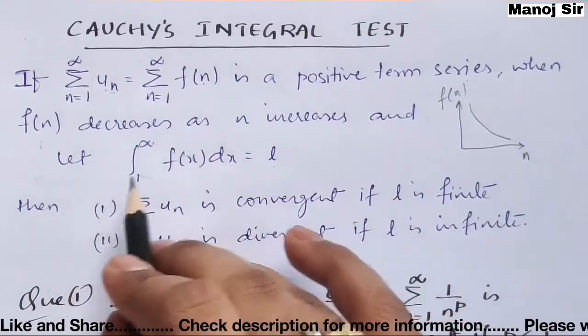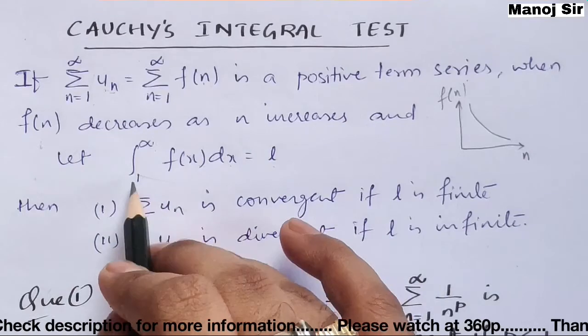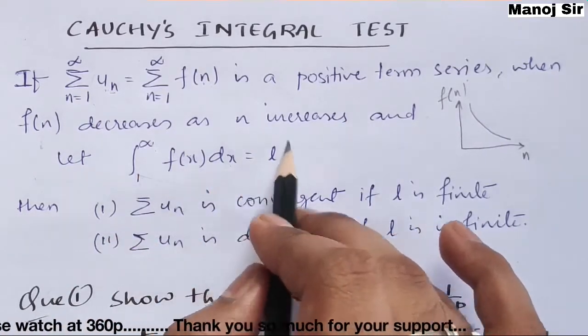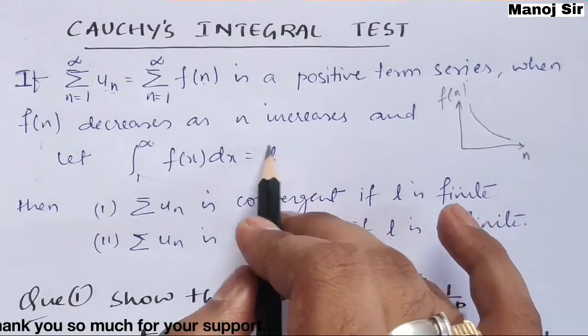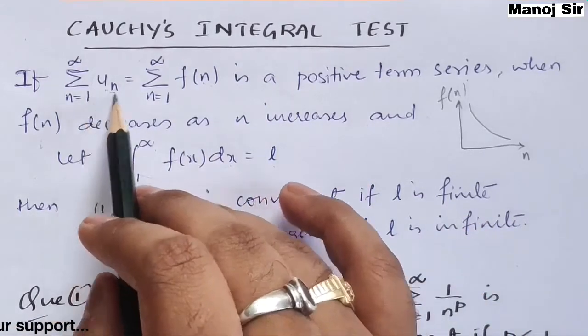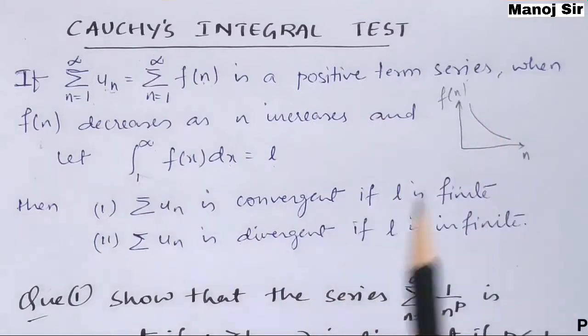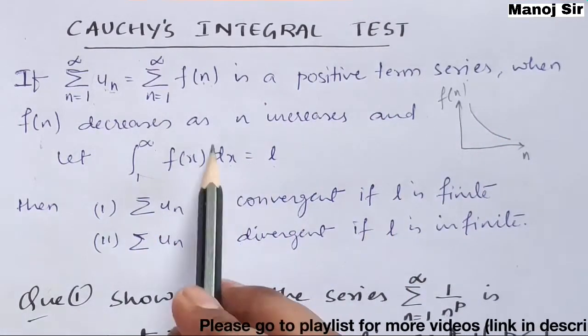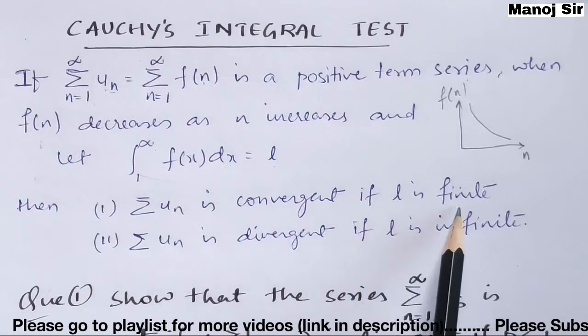Then let this integral, integration 1 to infinity f of x dx, equal some value L. This value L is going to tell me whether the series is convergent or divergent. How? Summation un is convergent if the integral is finite.